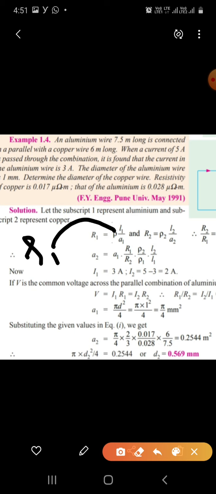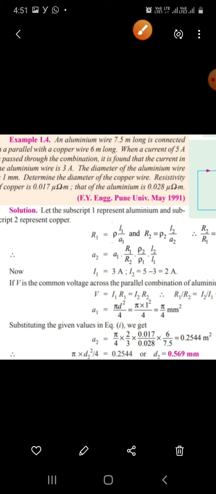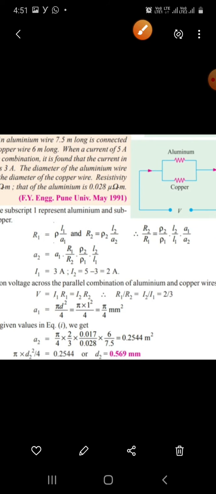Similarly, suppose you are writing the cross sectional area A2. After writing R1 and R2, we can take the ratio of R2 and R1.